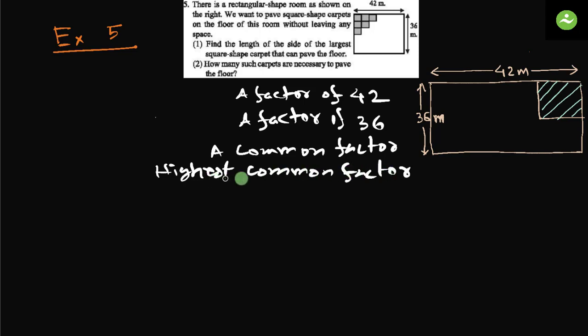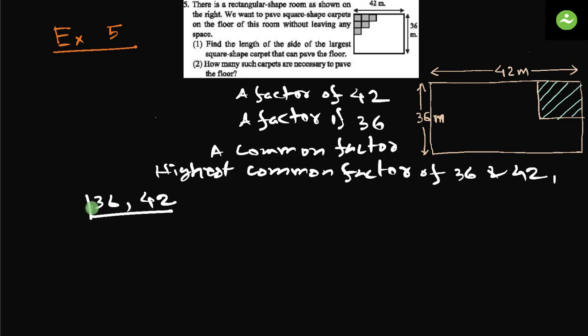Here we have to find the highest common factor of 36 and 42, and that will be the answer to question number 1. So let us find the highest common factor of 36 and 42.